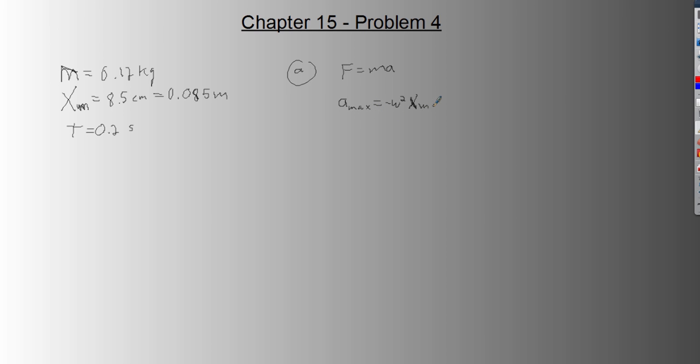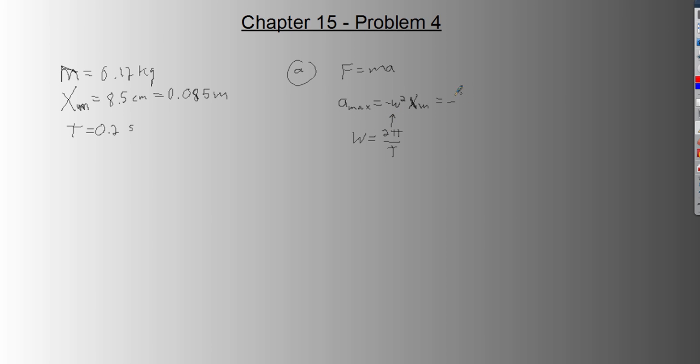And what does this equal? Well, omega, don't forget, is 2 pi over the period. Frequency and period are the inverse of each other. And so let's just stick that up there.